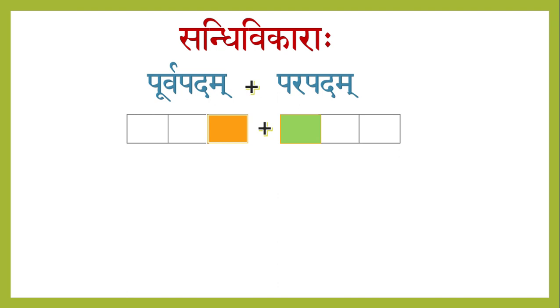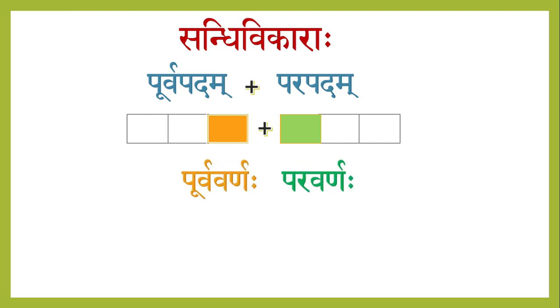The letter that occupies the position of the orange color, that is, the last letter of the Purvapadam, is called Purvavarnaha. Similarly, the letter that sits in the place of the green color, the first letter of the Parapadam, is called Paravarnaha. Now, when these two letters, Purvavarnaha and Paravarnaha, come very close, changes in the letters take place.